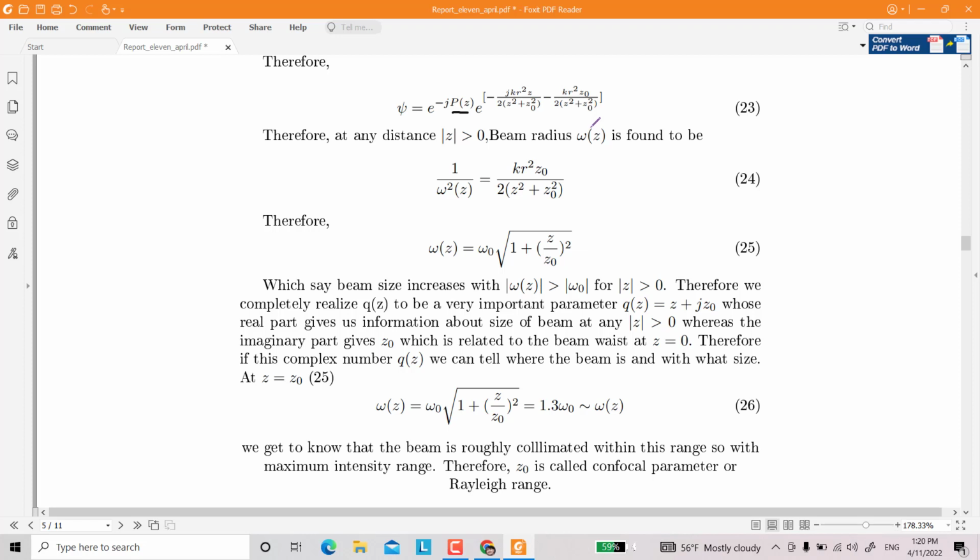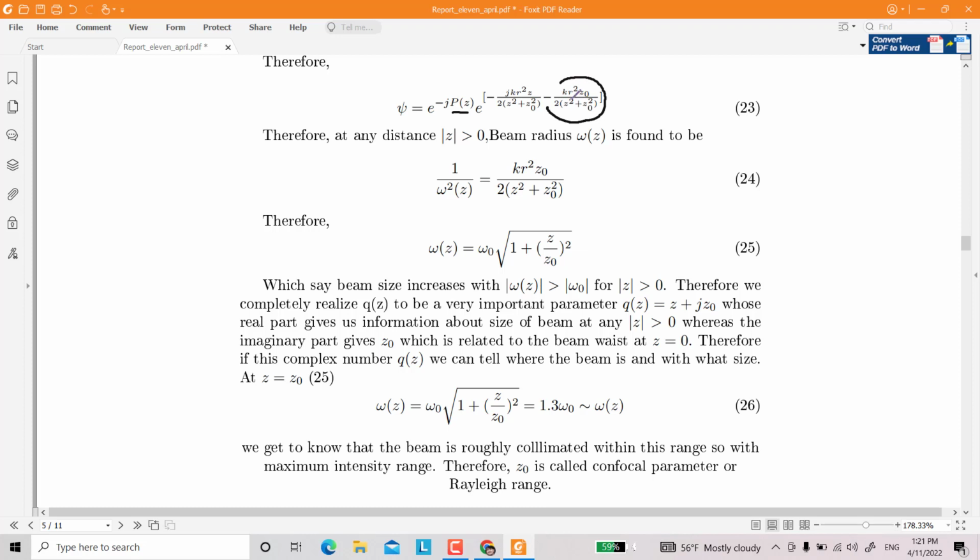Now, if Z is greater than 0, meaning you are moving away from the beam waist, then this term has to have some meaning. Apart from this R square, initially instead of this term we had the Z naught term only.